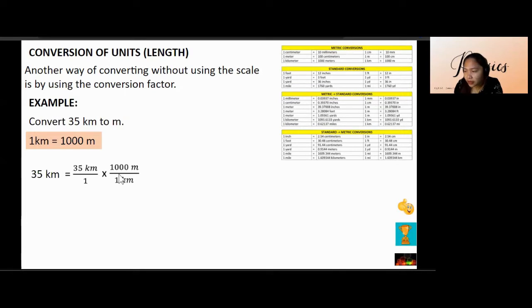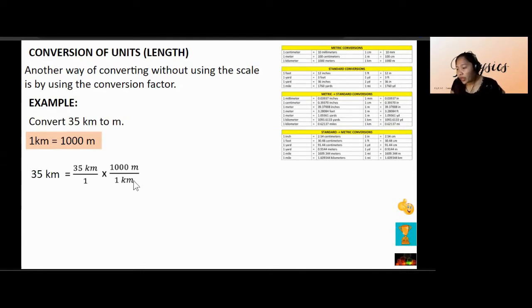This can be interchanged depending on what's given. But here, we set kilometer at the bottom because the given is in the unit of kilometer. And we need to cancel this out. The kilometer sign, we need to cancel so that what we will have left is the meter unit.